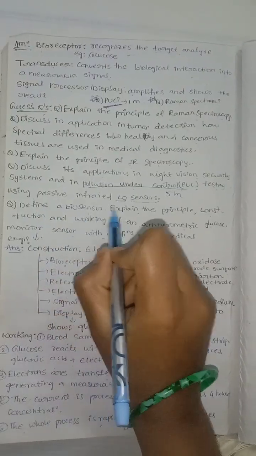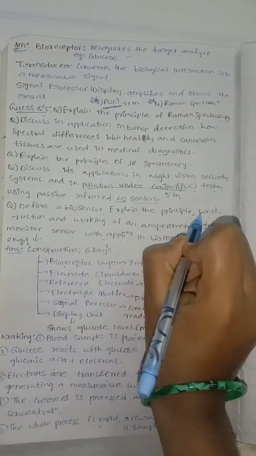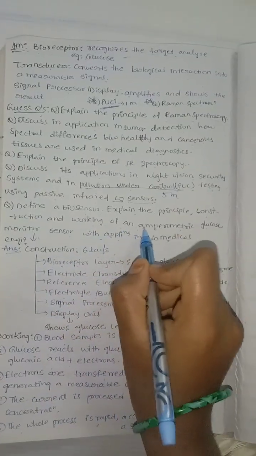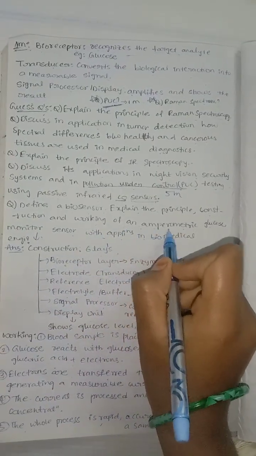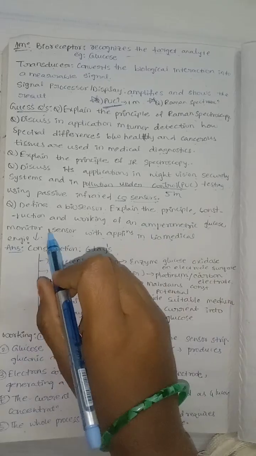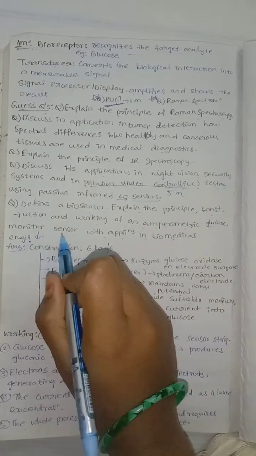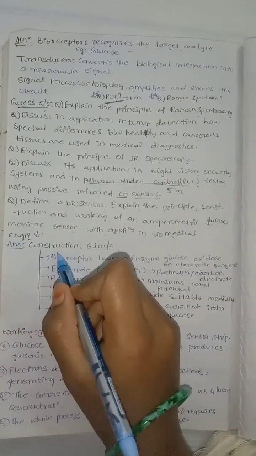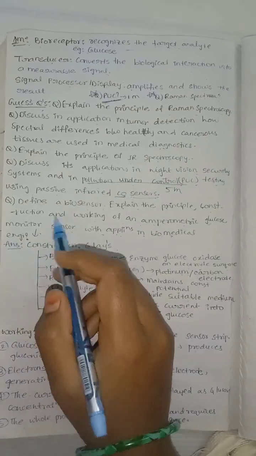Define a biosensor. Explain the principle, construction and working of an amperometric glucose sensor with applications in biological engineering. This is the construction.